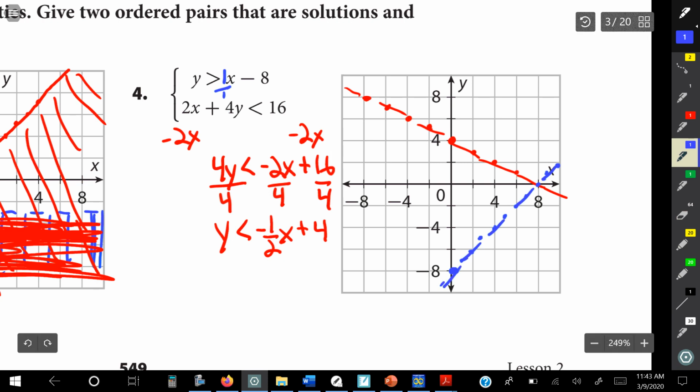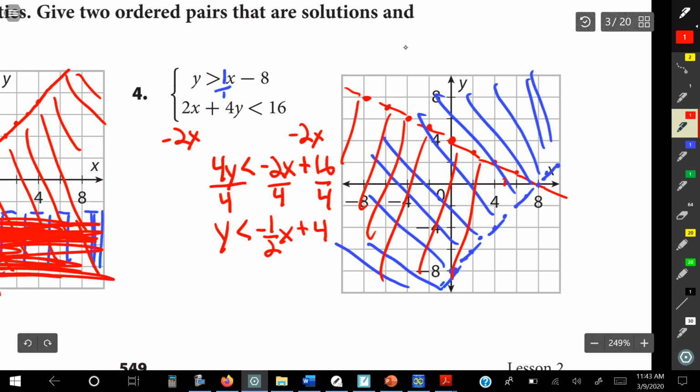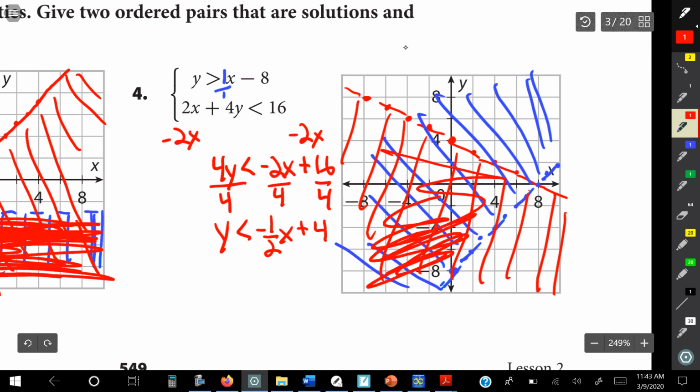Now, this blue one here is greater than, so it's going to be everything this way. But the red one here is less than, so that's going to be everything below it. And where they overlap, which is in this area here, is the solution.